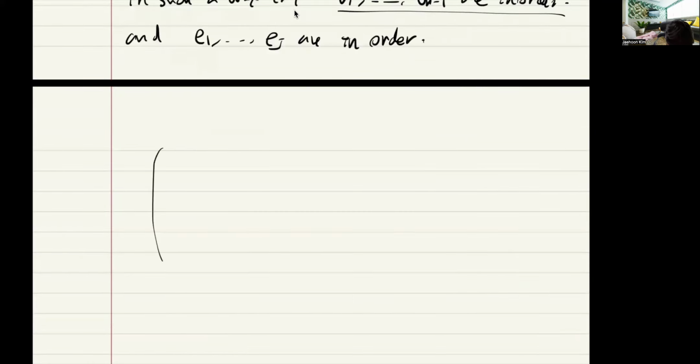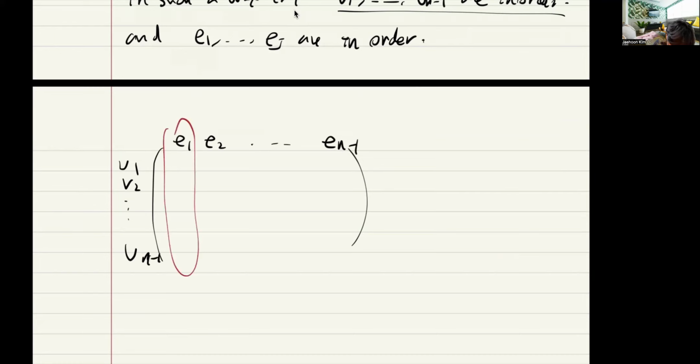Then what do you have? You have E1, E2, ..., E(n-1), and P1, P2, ..., P(n-1) here. And then how does this look like? E1 sends from P1 to somewhere here. And E2 does not send any edges to P1.